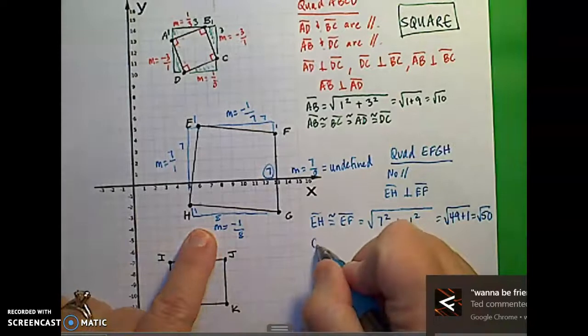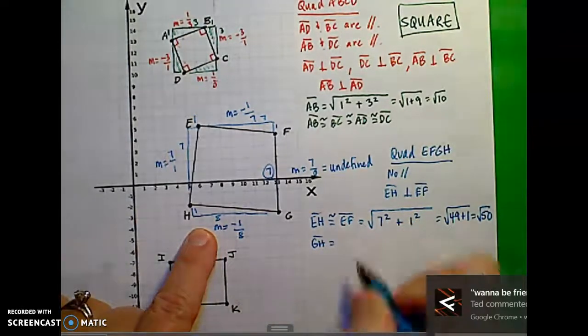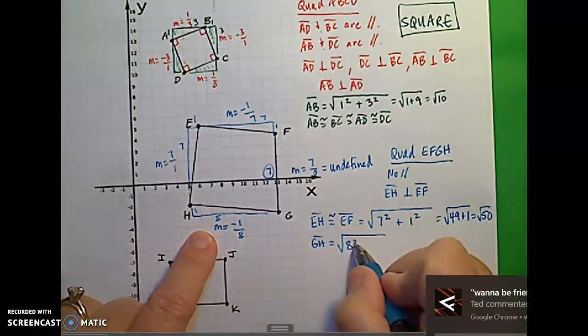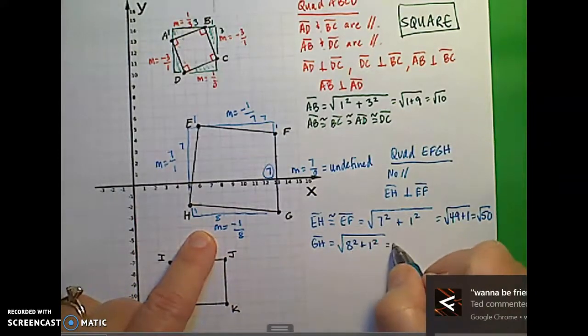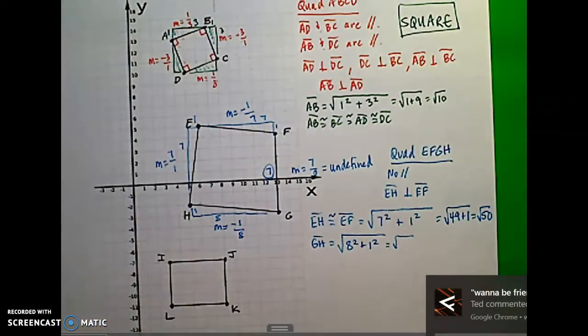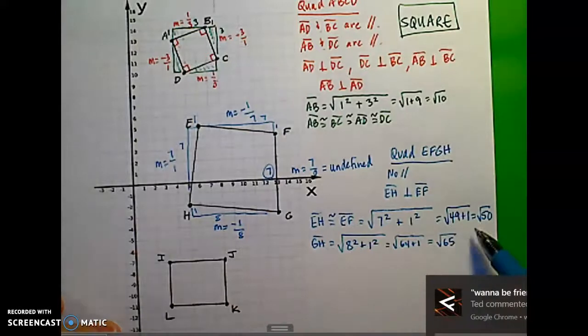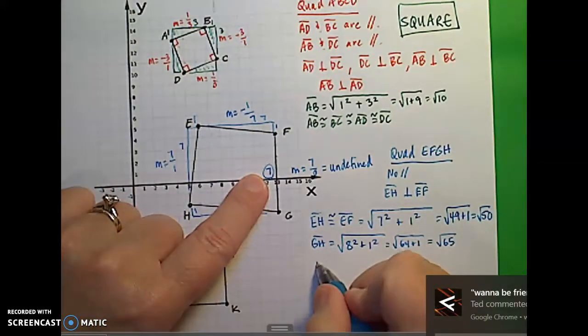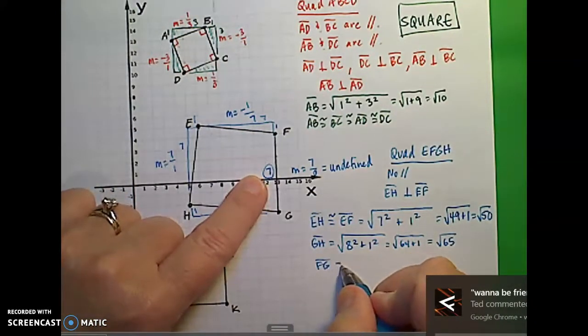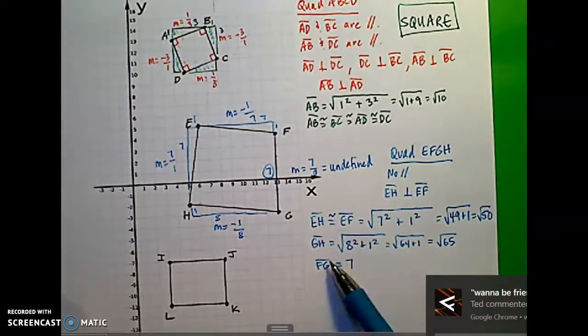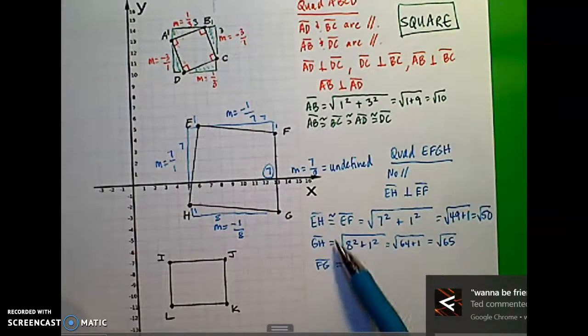Let's look at GH. The distance here, I'm using 8 and 1, so I have 8 squared plus 1 squared. And that's 64 plus 1, or square root of 65. Obviously, those are not equal. And then FG has a length of 7. Technically, we're not supposed to show this segment symbol with the equal sign.